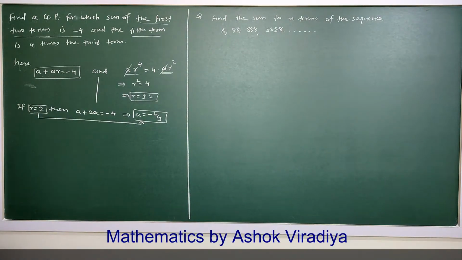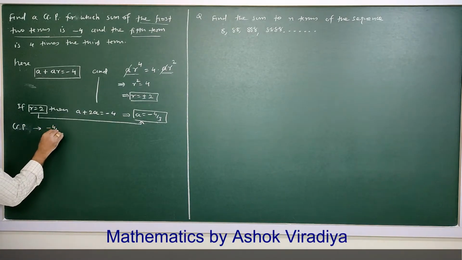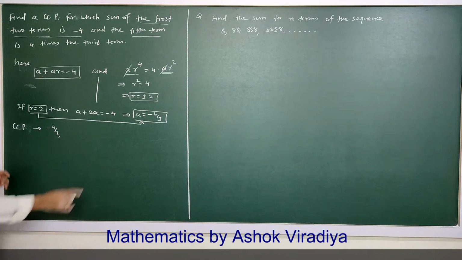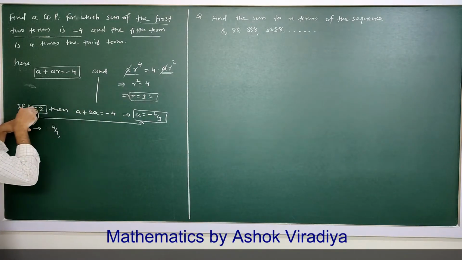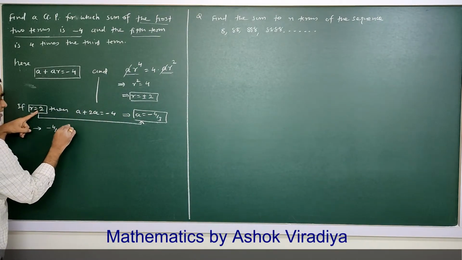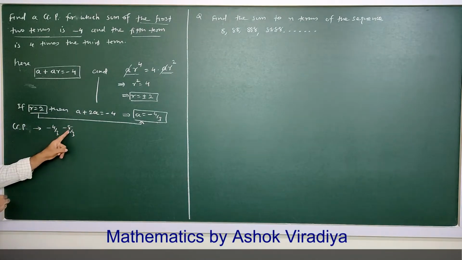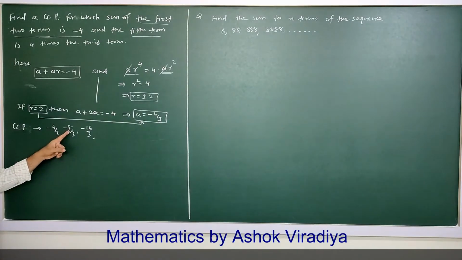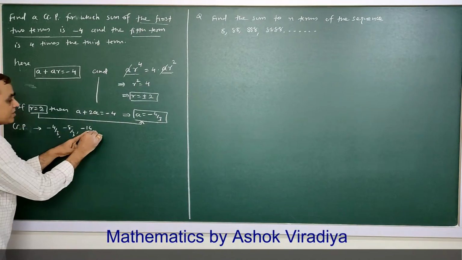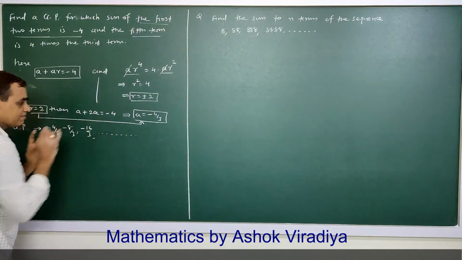Therefore the GP, or geometric progression, is: first term is minus 4 by 3, then minus 4 by 3 multiplied by 2, so the second term is AR, minus 8 by 3. Now this multiplied by 2, minus 16 by 3. Again multiply by 2, minus 32 by 3, like this.